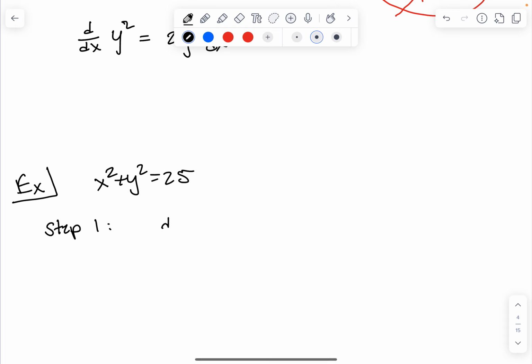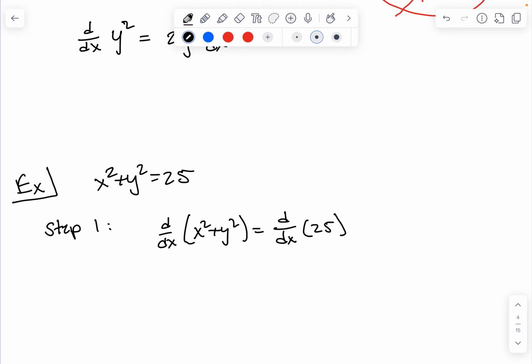So it would be d dx of x squared plus y squared is equal to d dx of 25. We know that a derivative of a constant is just 0, so this side goes to 0. This side we can distribute the d dx: d dx of x squared plus d dx of y squared.